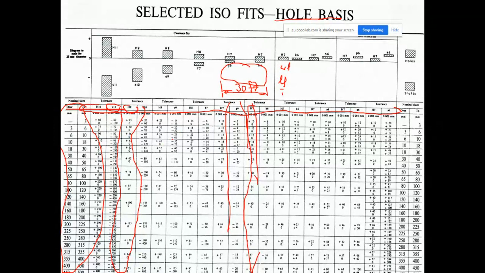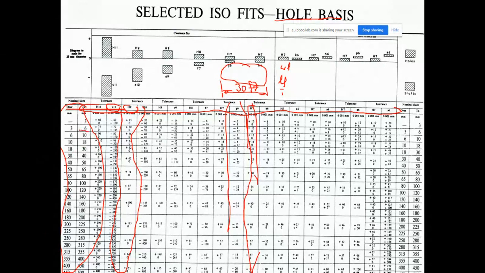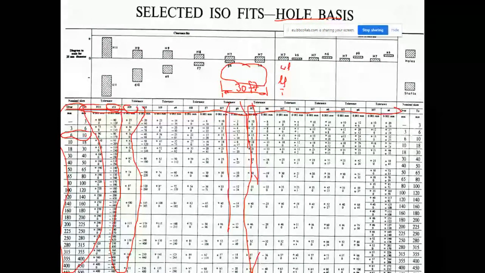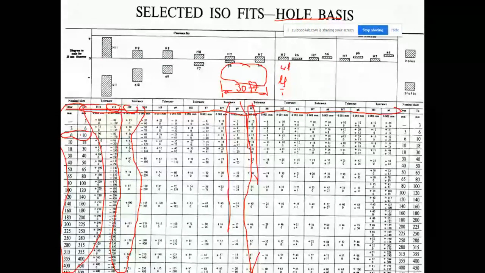The first thing to do in using such a table: the nominal value is 30. Locate that number in the range. Here, in this part of the table, we have ranges. For instance, if the nominal value is greater than 6 and 10 or less, then the correct range to select is this one.